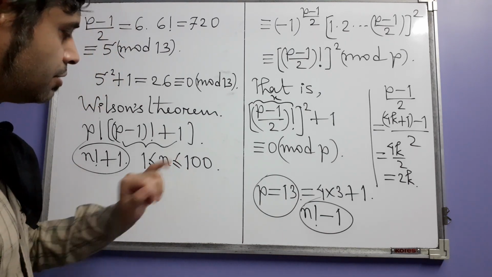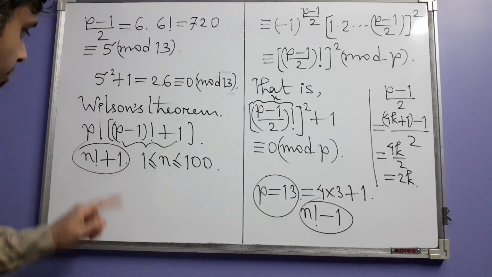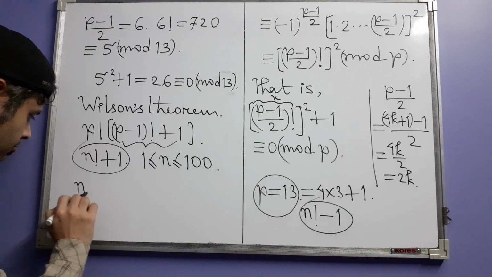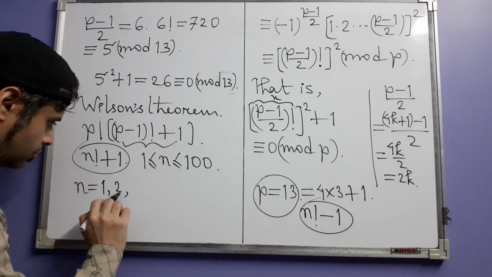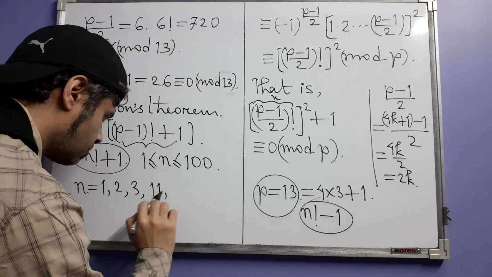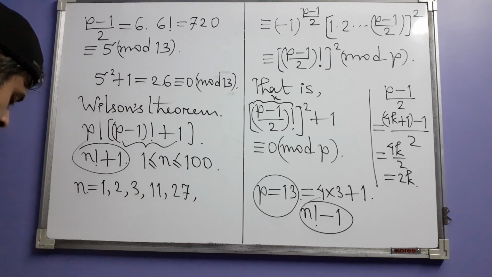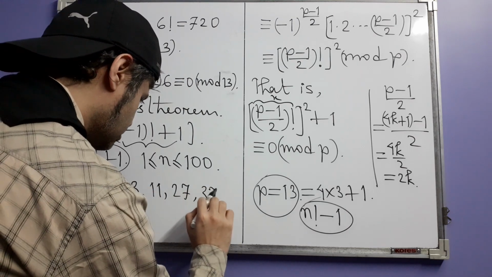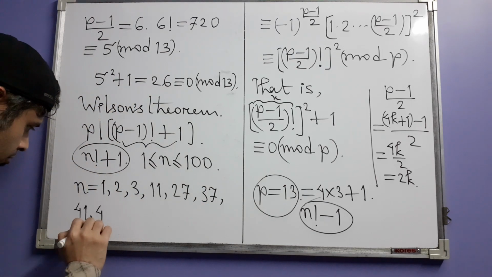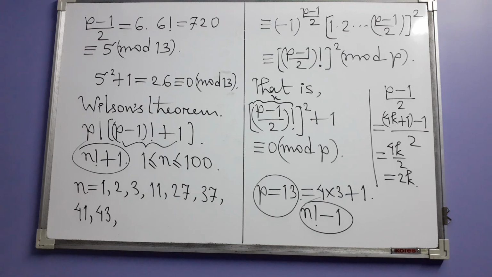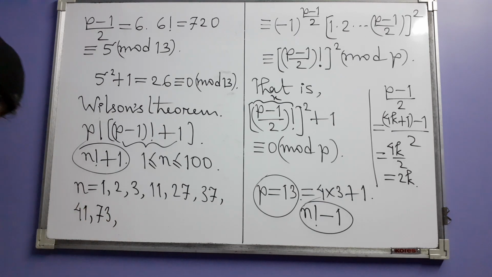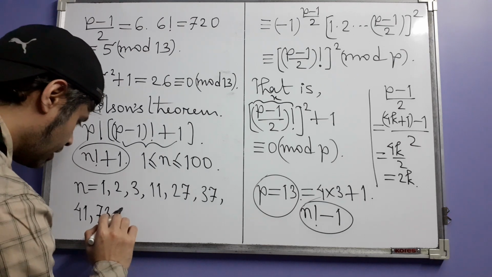If n lies between 1 and 100, then n factorial plus 1 is prime for these values of n: 1, 2, 3, then 11, 27, 37, 41, oh sorry, not 43, 73 and 77.